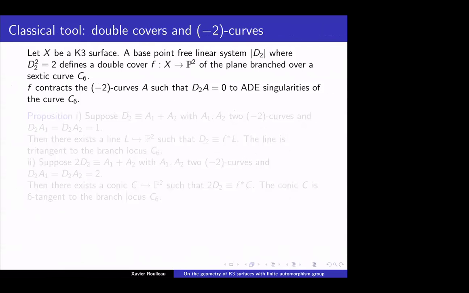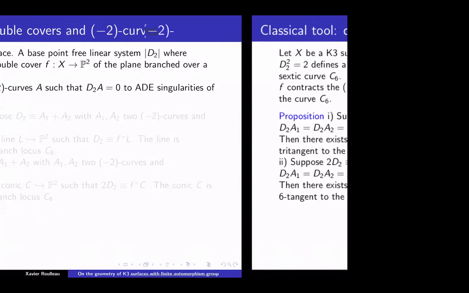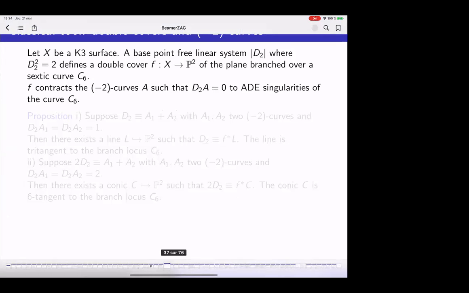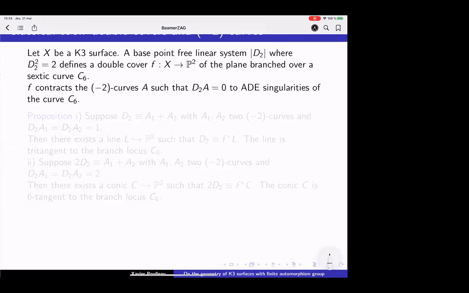The last classical tool I will use is double cover on -2 curves. If you have a K3 surface and a base point-free linear system D2 with D2 square equal -2, it corresponds to a double cover, which is branched over a plane elliptic curve.